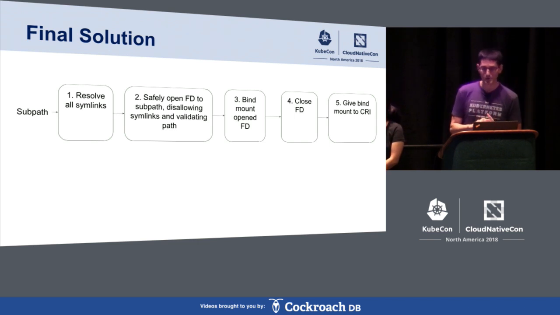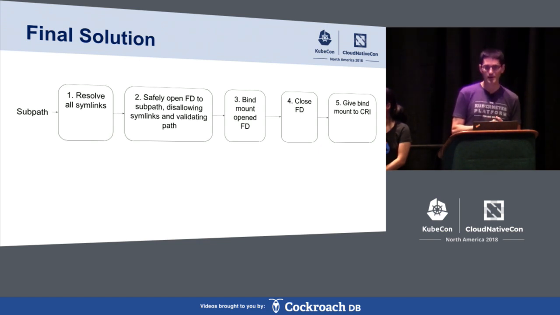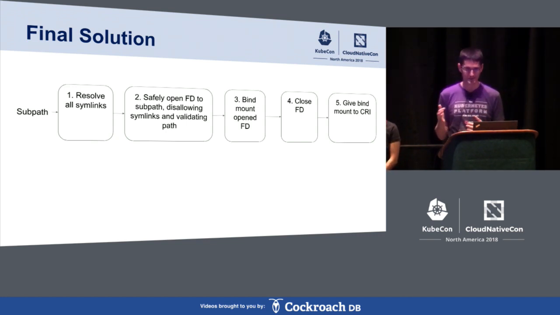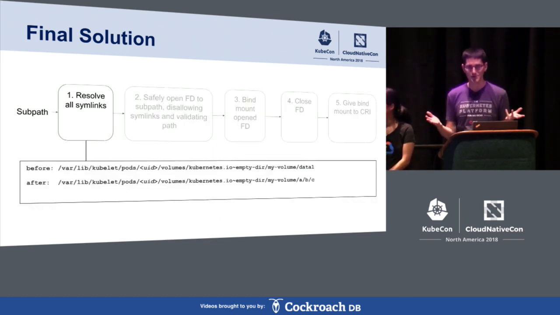For a long time, we didn't know how to fix it properly, but then somebody suggested a smart trick to open a file descriptor of the subpath and bind mount file descriptors instead of directories or files. We start the same as before. We resolve the symlink.